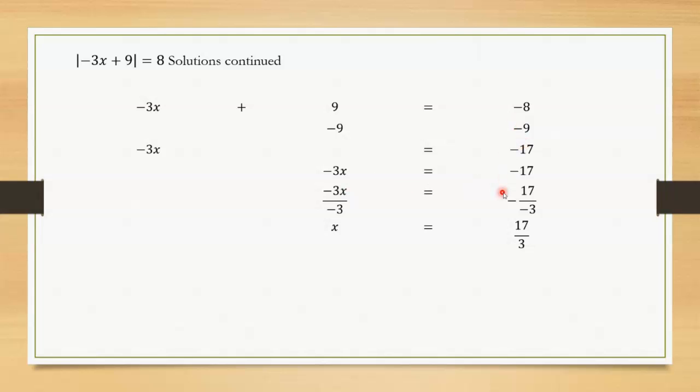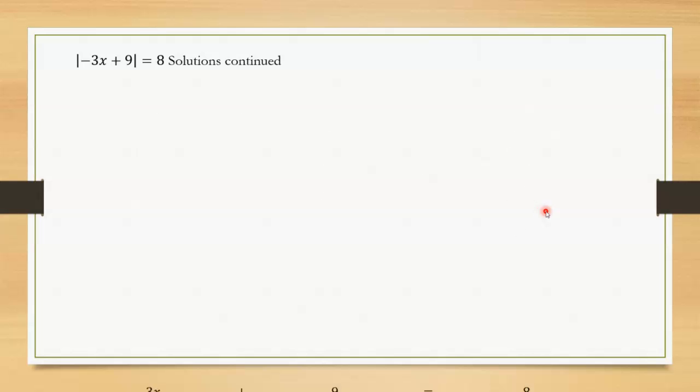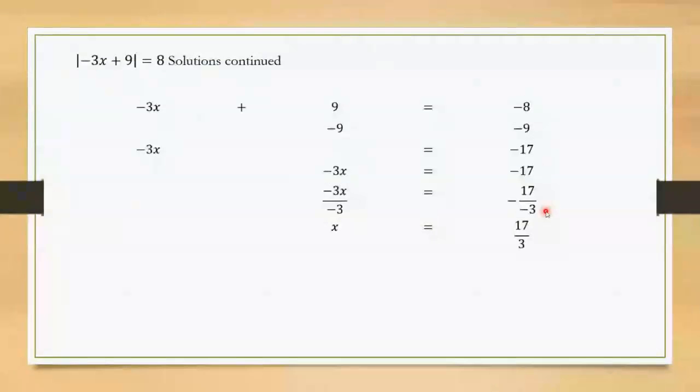Then, of course, we divide by negative 3, and the negative 3's cancel, so we get x is 17 over 3. Good. So our two solutions were 1 over 3 and 17 over 3. Okay, that was fun.